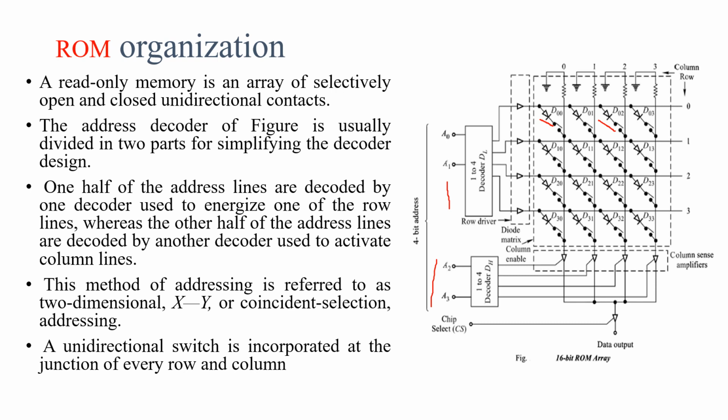Here two inputs are there for the lower decoder. By using these two inputs, you get four possible combinations: 0 0, 0 1, 1 0, 1 1. So 0 0 is used to activate row 0, 0 1 activates the first row, 1 0 activates the second row, and 1 1 activates the third row.